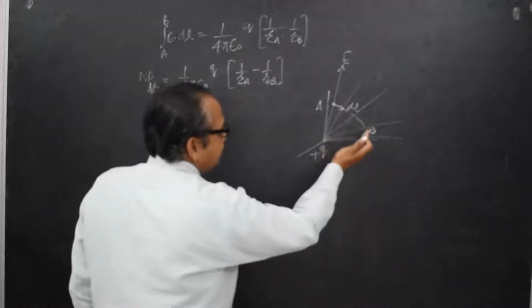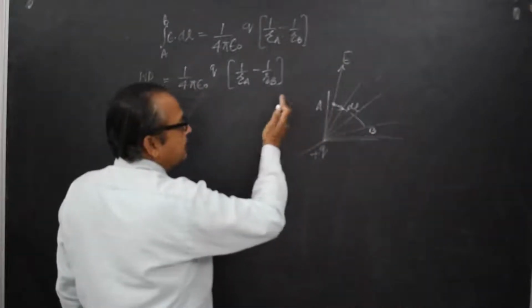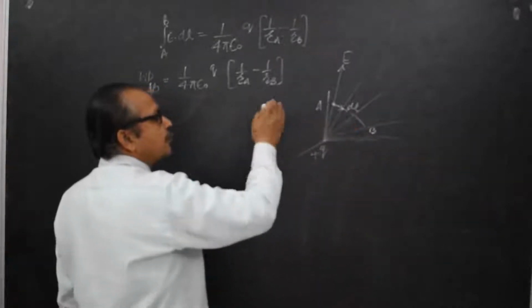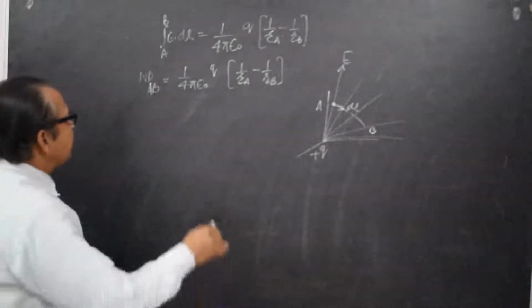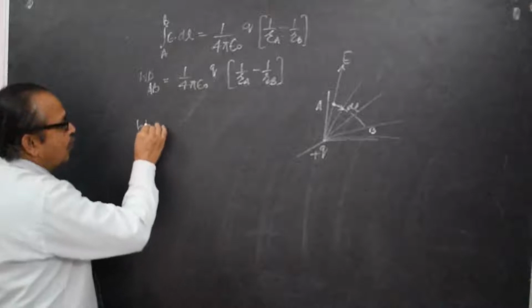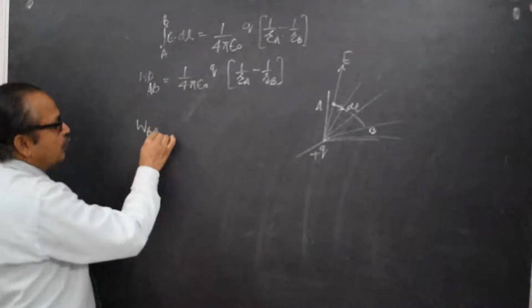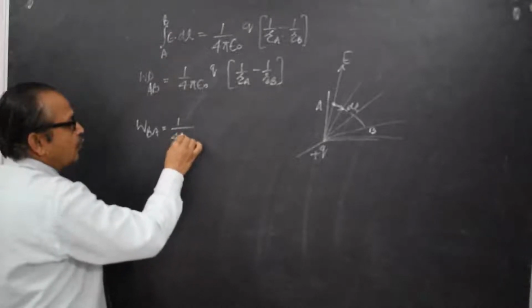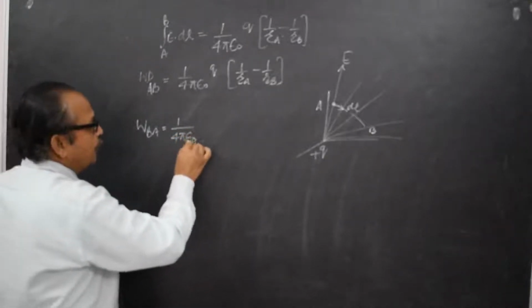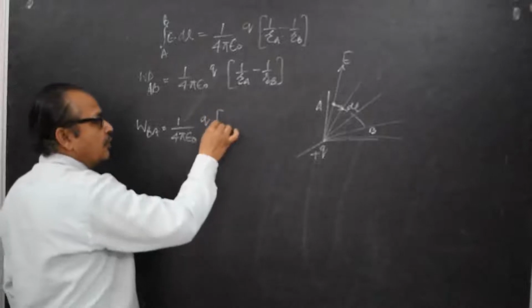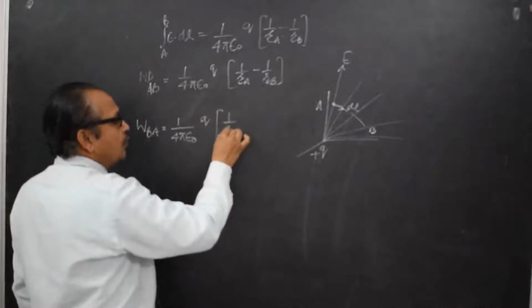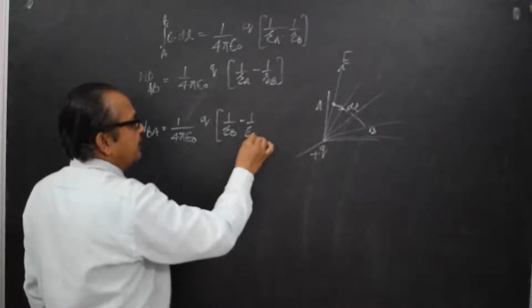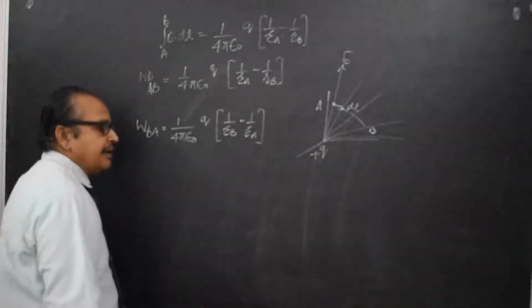Now suppose we want to bring the charge back from B to A. In that case, you all know WBA will be equal to 1 over 4 pi epsilon naught Q into 1 over RB minus 1 over RA.